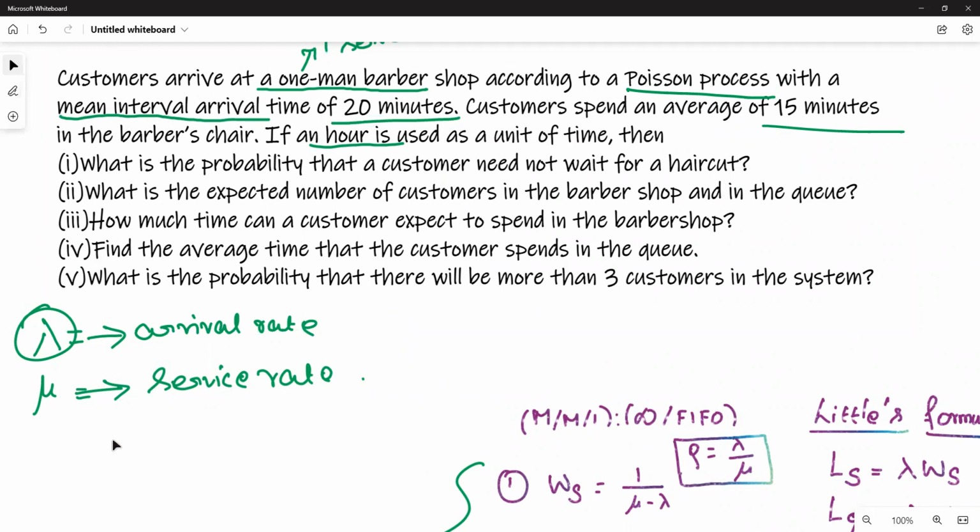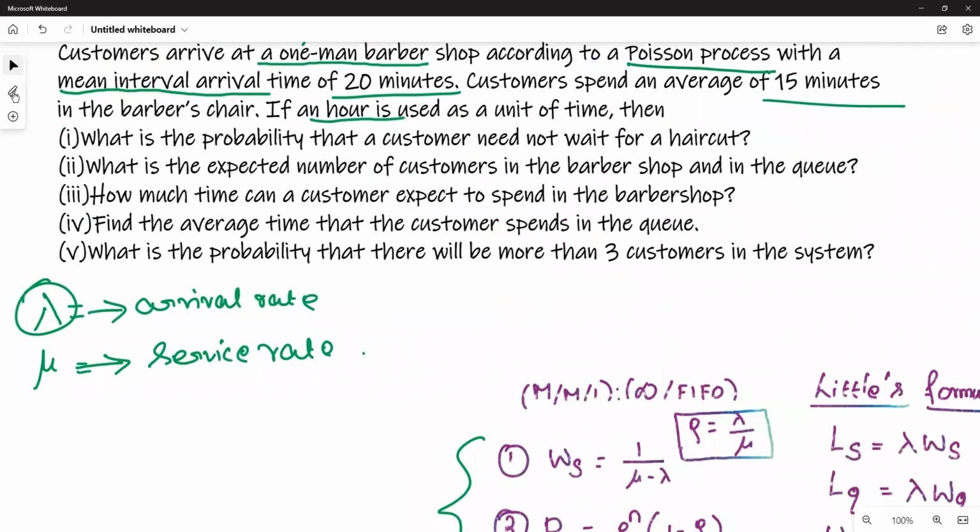We know that in the Poisson process, the inter-arrival time follows an exponential distribution. So they have given the mean of the exponential as 20 minutes.